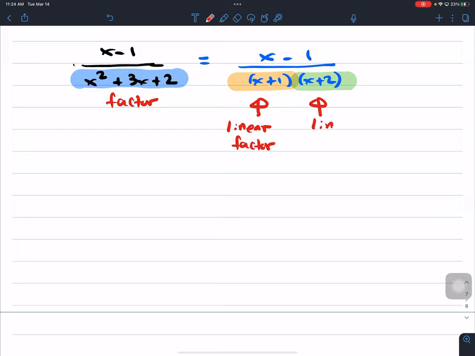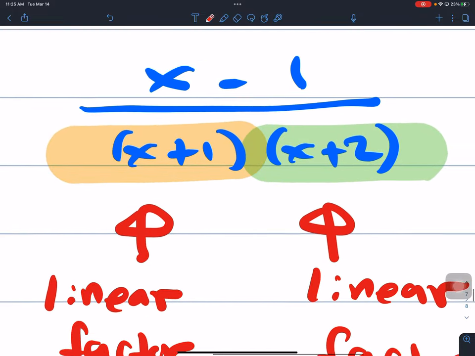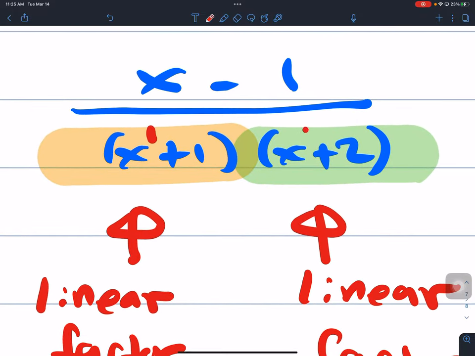X plus 2, that's also a linear factor. How do you know they're linear? The variable has a power for x being 1. If it's 2, it's quadratic. If the highest power is a 3, it's a cubic.